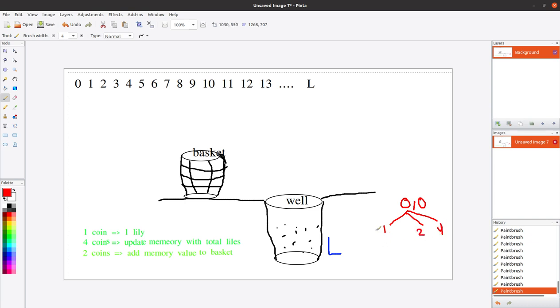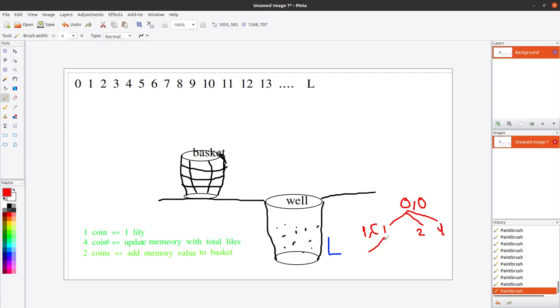And by doing this you will update the value of how many lilies collected so far, and also the number of coins consumed to reach these steps, and also the same for 2 and the 4.